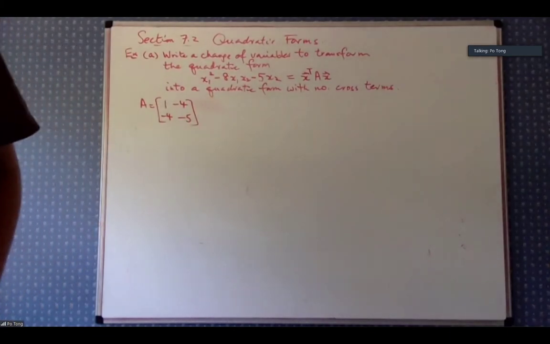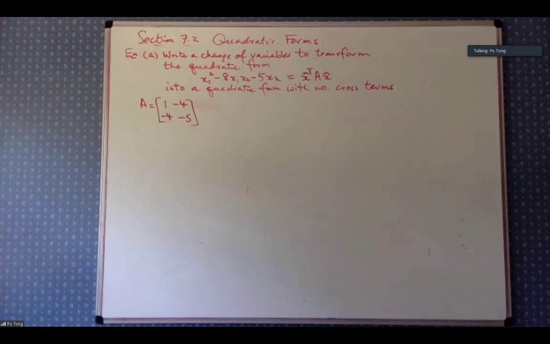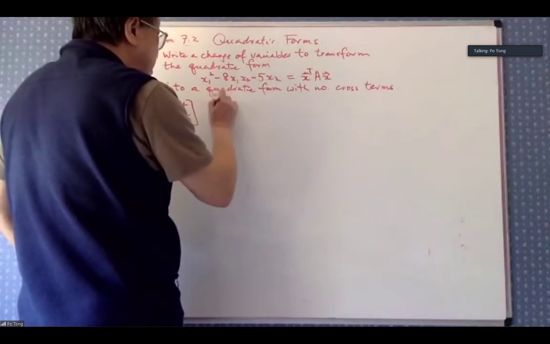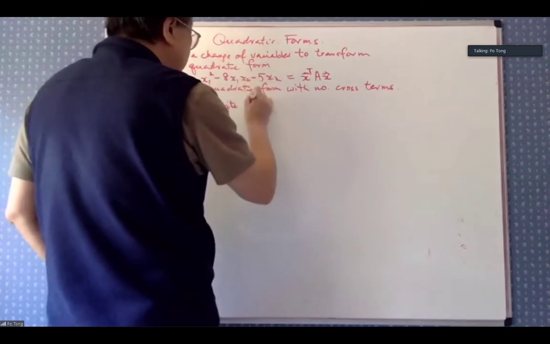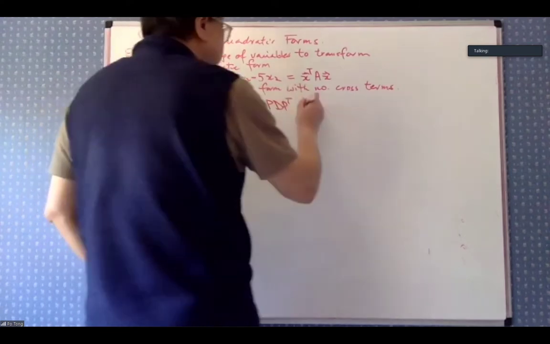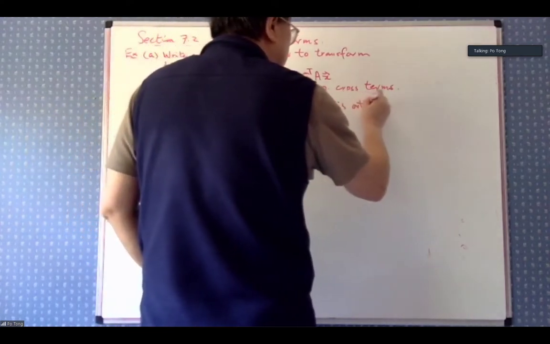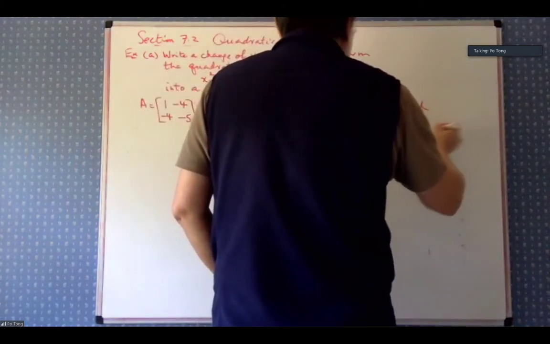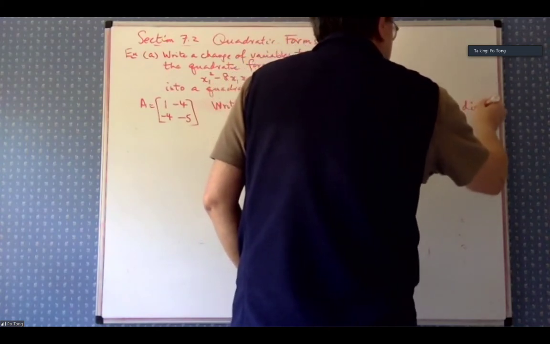Now what we are going to do next is to diagonalize this guy. We're going to write A as P D P transpose, where P is orthogonal and D is diagonal.